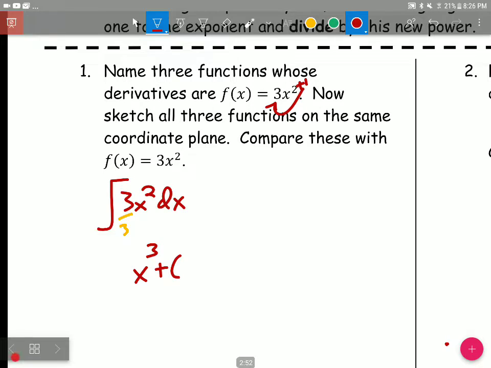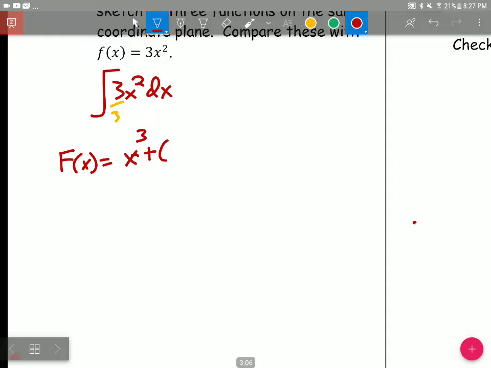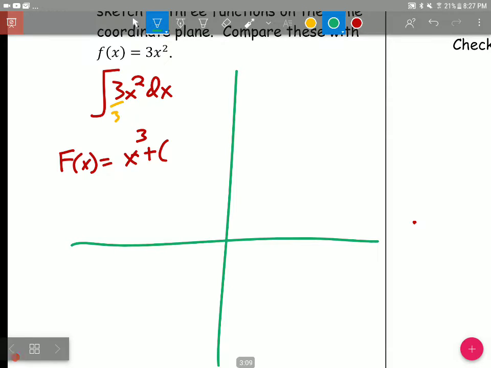So if that's your original f of x, then the integral of f of x would be capital F of x, the antiderivative. Something else. Here's the deal. We're going to sketch this real quick, as if C were different possibilities.